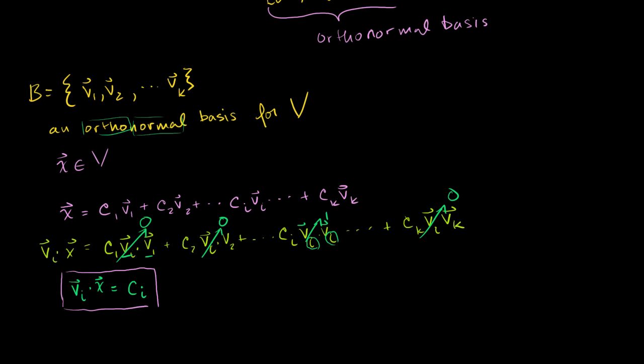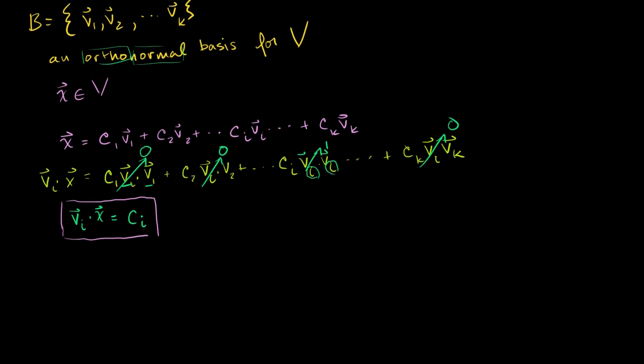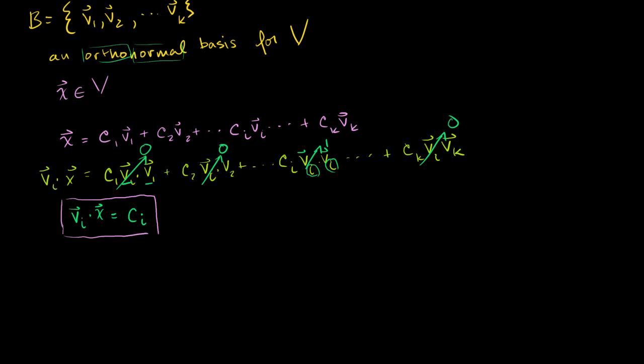So let's remind ourselves what a coordinate system is here. If we wanted to represent the vector x, which is a member of our subspace, with coordinates with respect to this basis of the subspace, right? A subspace can have many bases, but this is the basis that we're choosing.